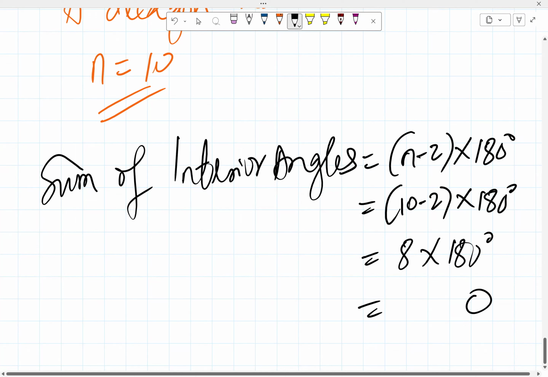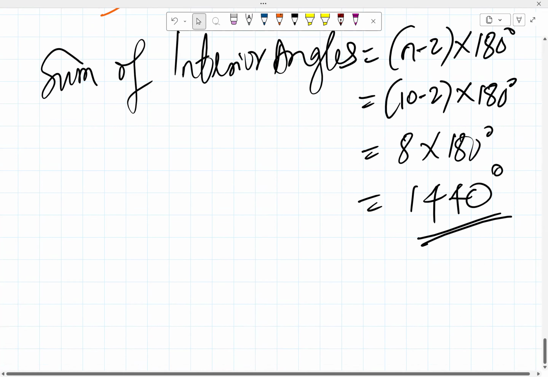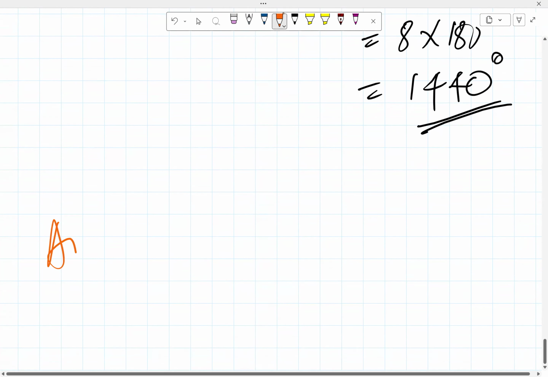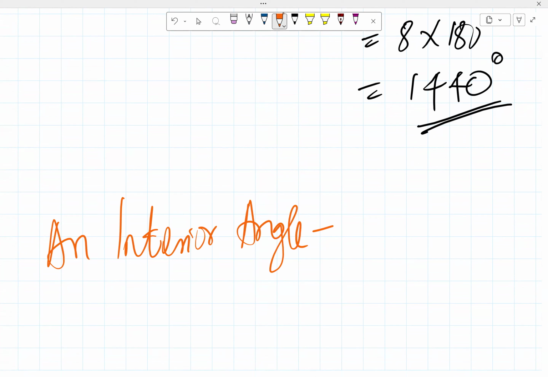8 times 0 is 0. 8 times 8 is 64, hold 6. 8 times 1 is 8 plus 6, that's 14, so 1440. So the sum of interior angles is 1440 degrees. Then on the other hand now, an interior angle is equal to, of course, n minus 2 times 180 degrees all over n.